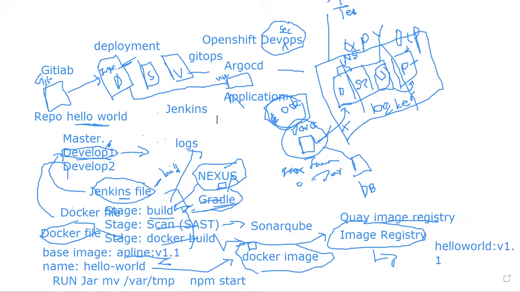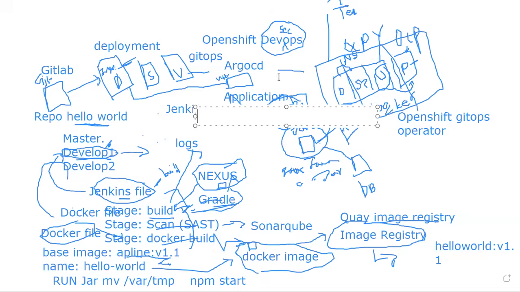We also have an operator in OCP which is called OpenShift GitOps operator, which is nothing but Argo CD only. Okay, so what happens now? My Argo CD will deploy into my dev. If I want to deploy into SIT, then the image for that application needs to be updated in the SIT.